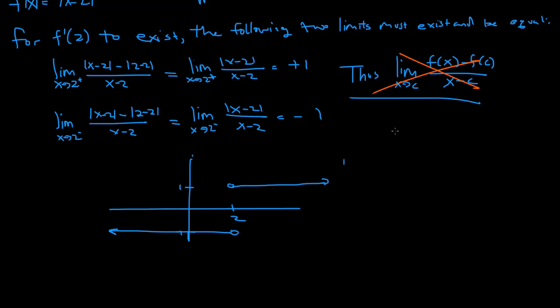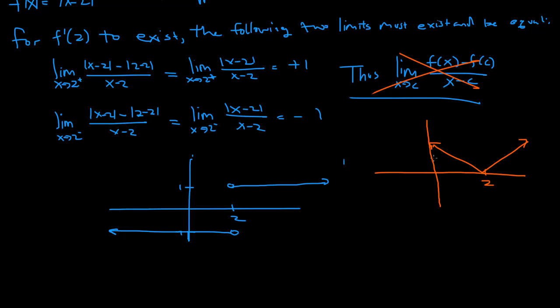And the derivative does not exist, as we talked about before, because if you think about what's happening with absolute value, if you have a 2 there, you have a V like this. Remember what the derivative is.